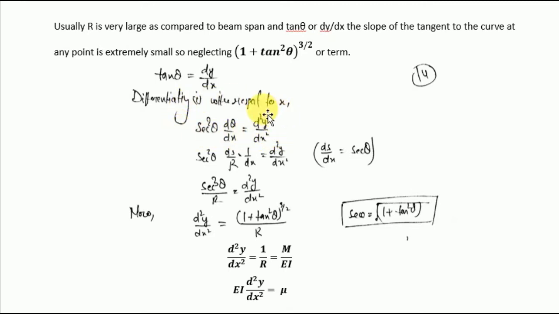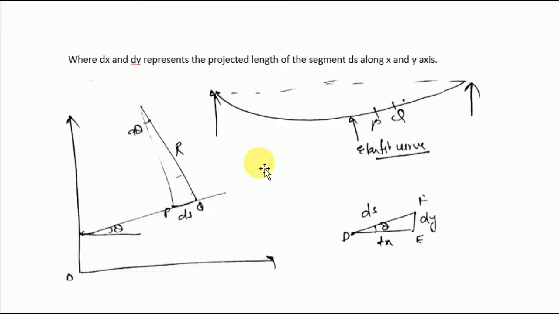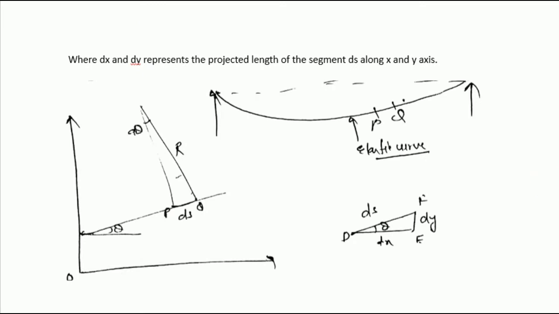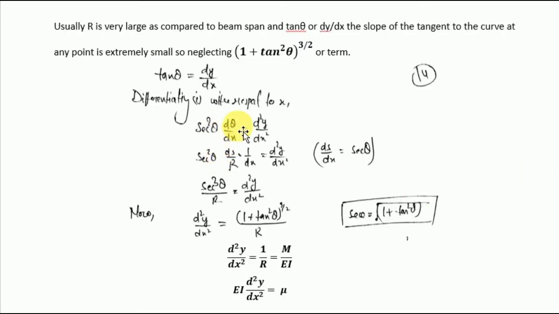Further, we put in the value of d theta, which is d theta equal to ds upon r. Putting the value of d theta here, we have ds upon r, and 1 upon dx, is equal to d2y upon dx square.